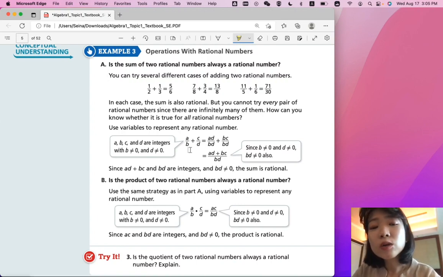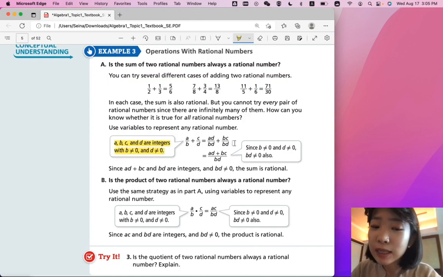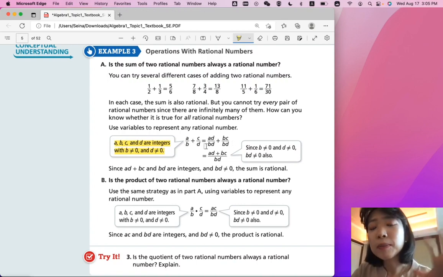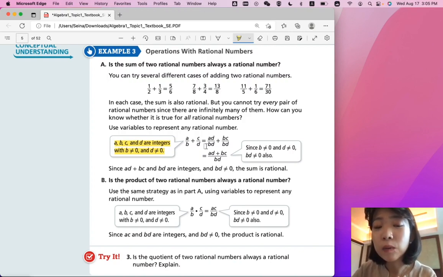Okay? So using this assumption, we're going to write an equation that says A over B plus C over D to represent a sum of rational numbers, with any integers. Okay? So this could work with all rational numbers.